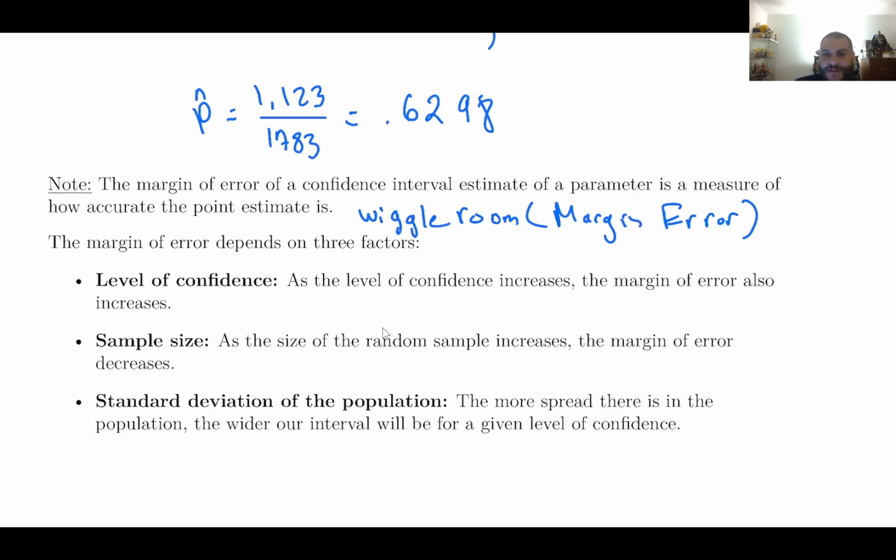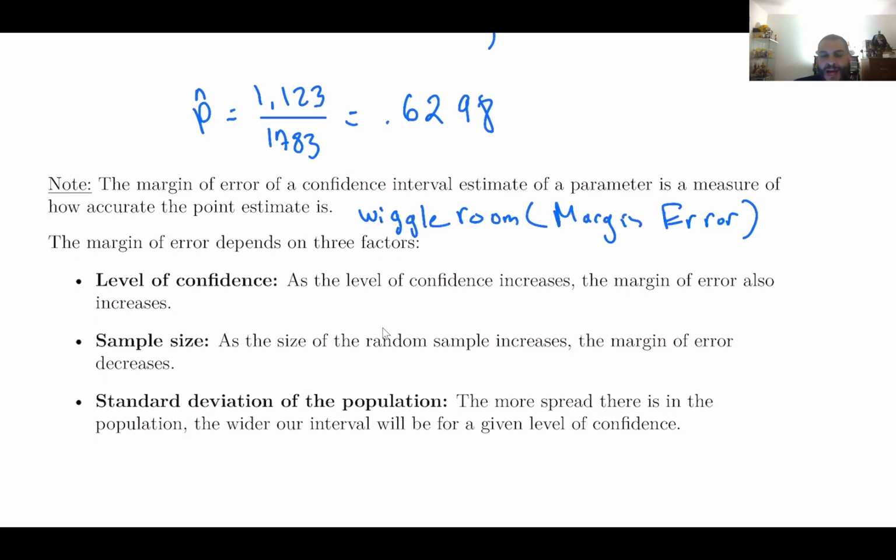So that's what the margin of error is telling us: how much leeway or wiggle room we are giving ourselves. Your margin of error will depend on the confidence level, on your sample size, and also on the standard deviation of the population. All of those factors go into what your margin of error is going to be.